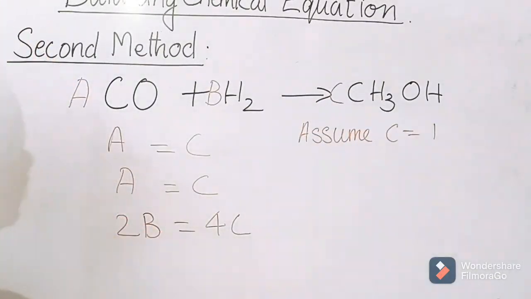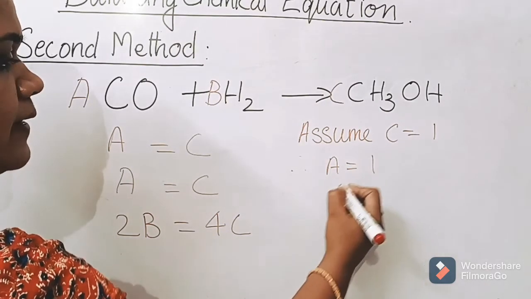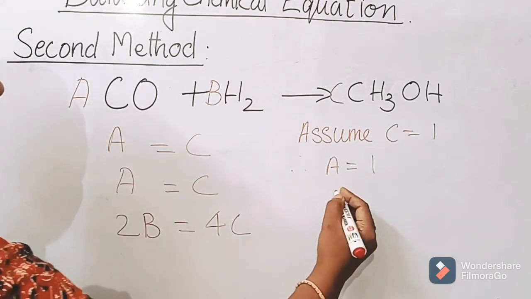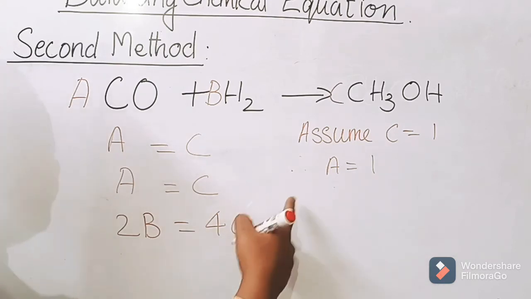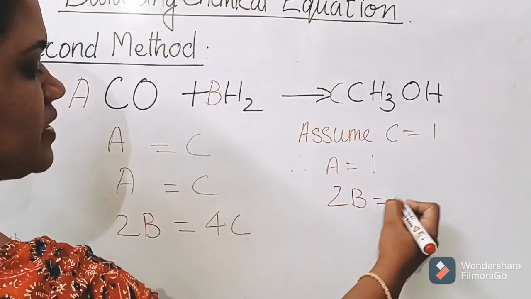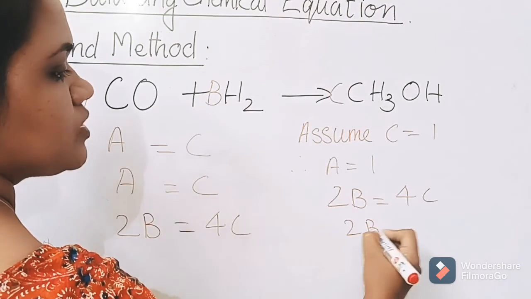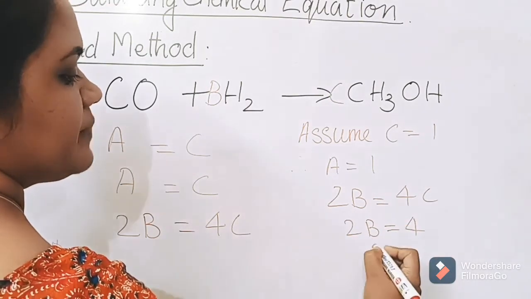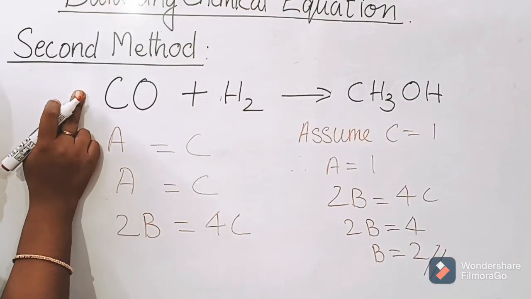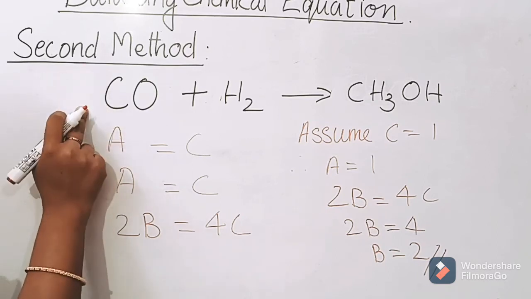Therefore, A is equal to 1, and 2B is equal to 4C, that is 2B is equal to 4. B is equal to 2. As the value of A is 1, we need not write 1 here.